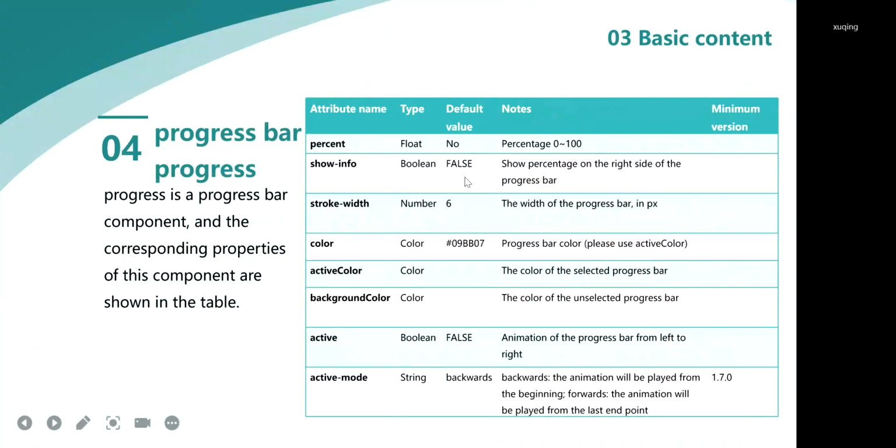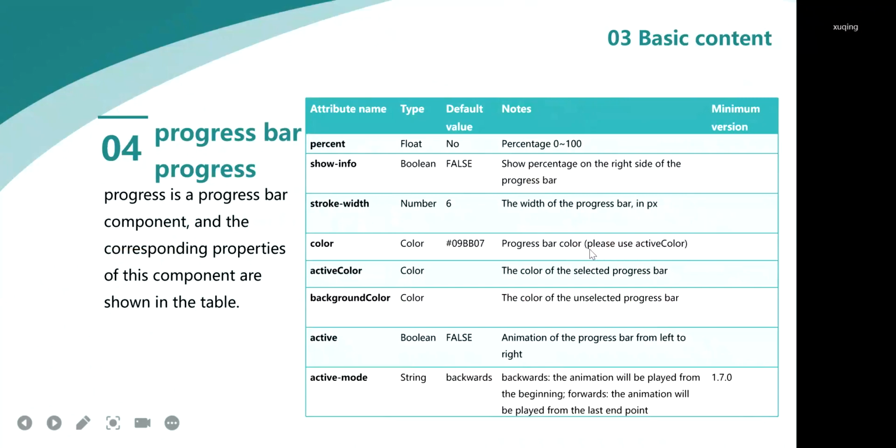We have the attribute stroke width with the type number. The default value is 6, and it is the width of the progress bar in pixels. We have the attribute color with its default value, the progress bar color.